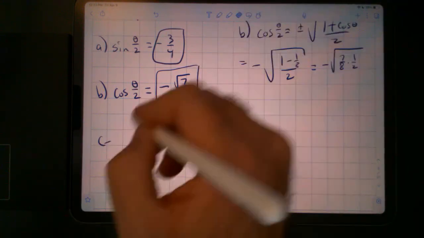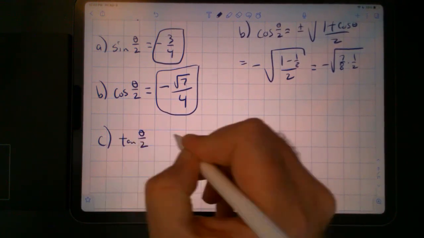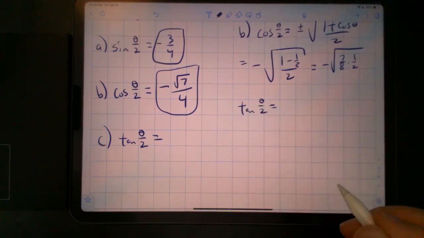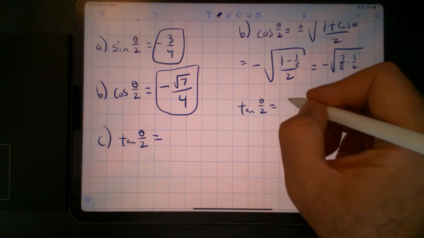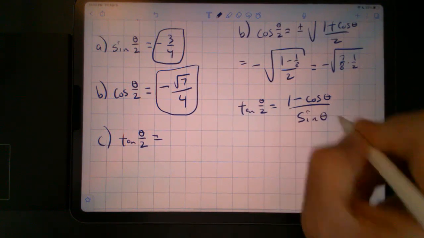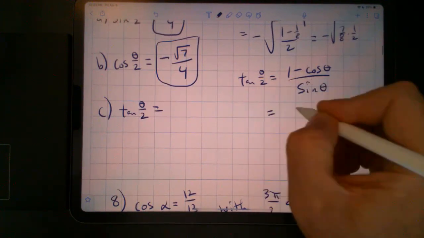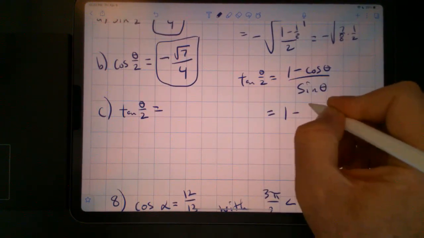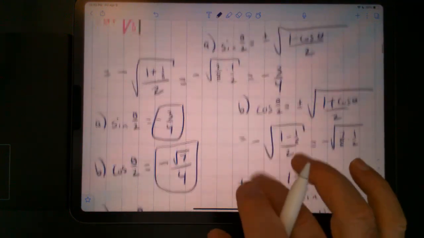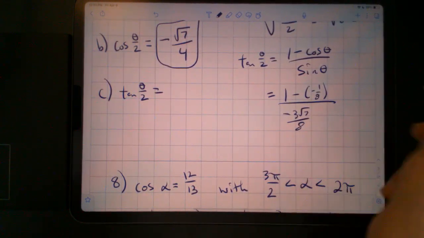And then for the tangent, let's go with 1 minus cosine theta divided by sine theta. Just looks like a good one to use. So this is 1 minus cosine of theta, which is negative 1/8, divided by sine theta, which is negative 3 radical 7 over 8.